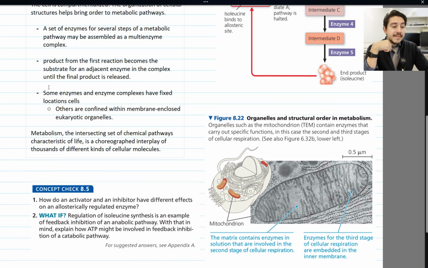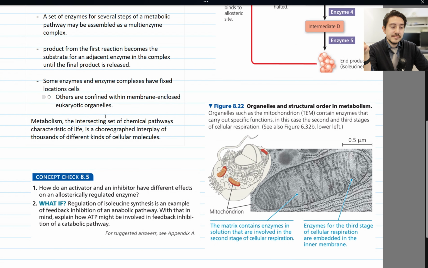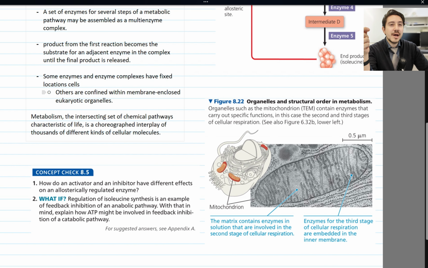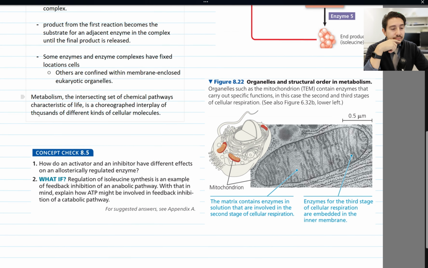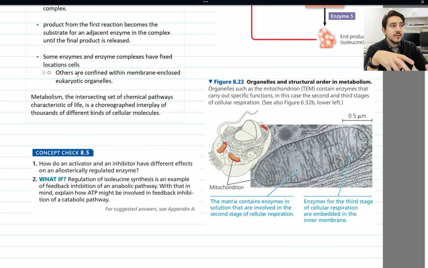Some enzymes and enzyme complexes tend to be fixed within the cell. A very clear example is cell respiration on the cell membrane; you have many complexes there. Or they're often confined within membrane-enclosed organelles, within the lumen or the fluid inside other organelles.